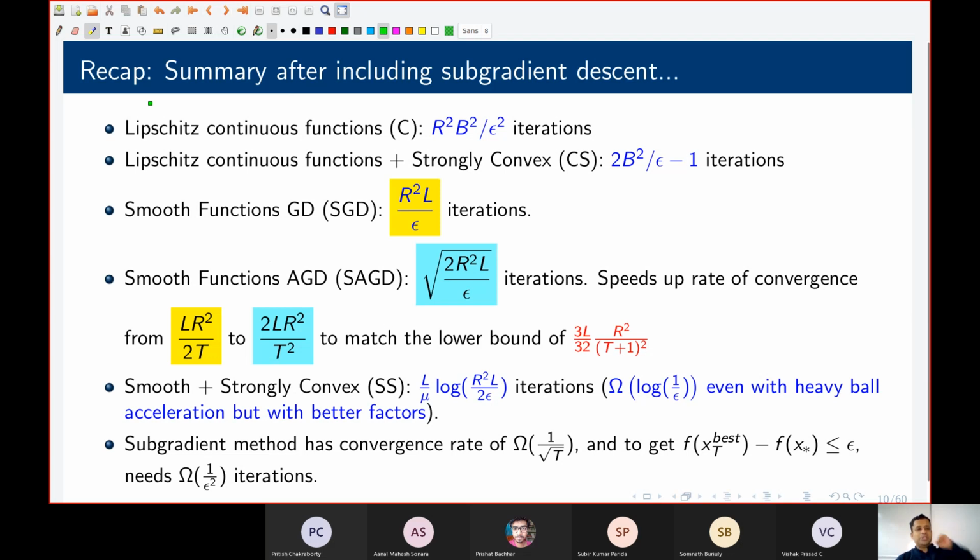Right. So for Lipschitz continuous functions, we had earlier got R square, L square, epsilon square. We got exactly the same. Right? And the subgradient, yeah, no surprise at all. The only thing is, there we didn't talk about step size so much. We had to analyze, we need more assumptions on the step size. That's important. Okay, so I'll just make that note.